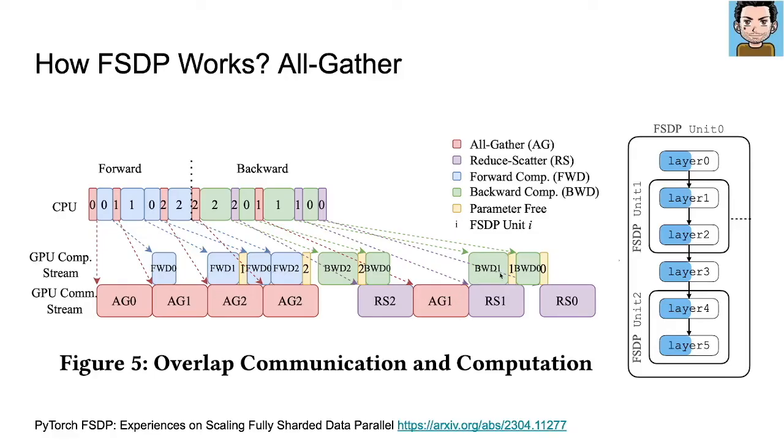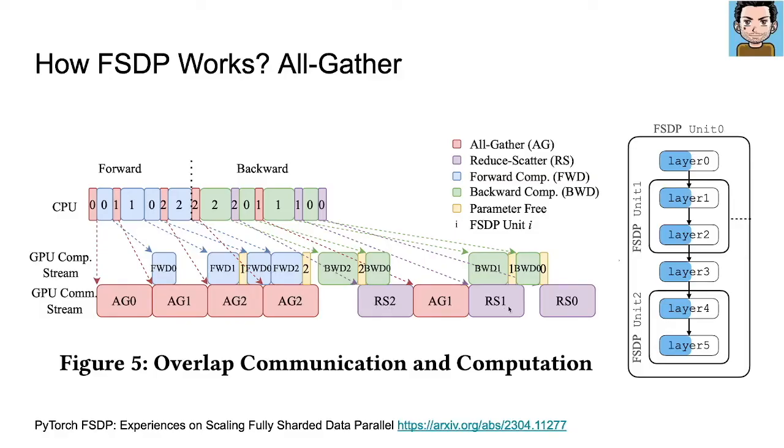Once the backward pass is complete, we can now free unit number 1 and perform the reduce scatter on unit number 1. I believe there is a mistake in this figure. This reduce scatter number 1 block should be shifted after the backward pass of unit number 1, to this point. This is basically similar to what is happening here between the backward pass number 2 and the reduce scatter number 2.